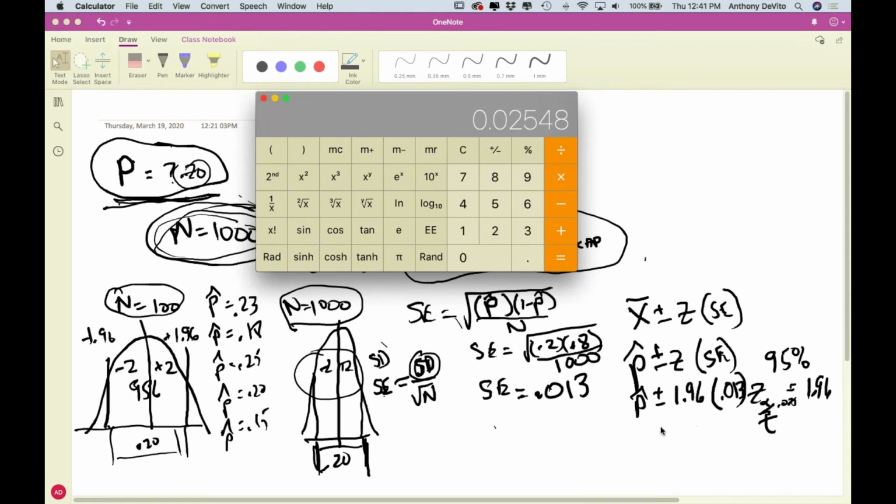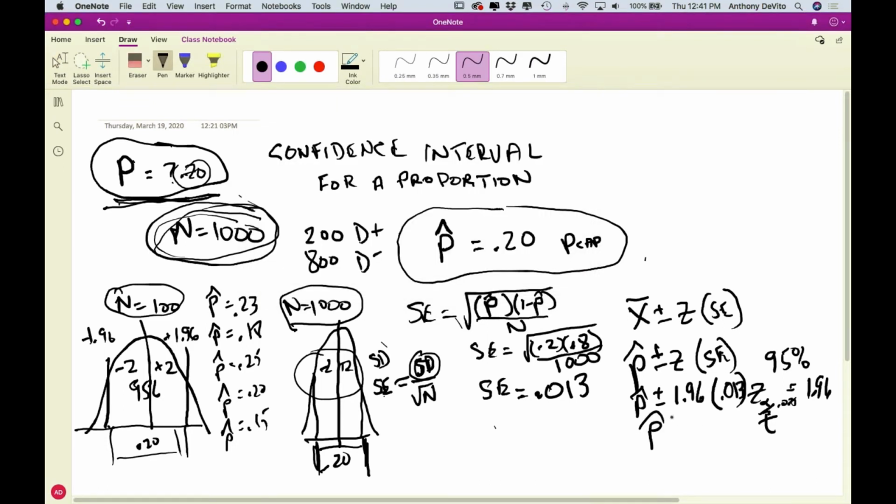So it's going to be P cap plus or minus 0.025. Again, I rounded it. You shouldn't round quite as much as I did. I'm expediting this a little bit, 0.025. Now this quantity that we're going to add and subtract from P, which is really Z times the standard error, we give that a special name.